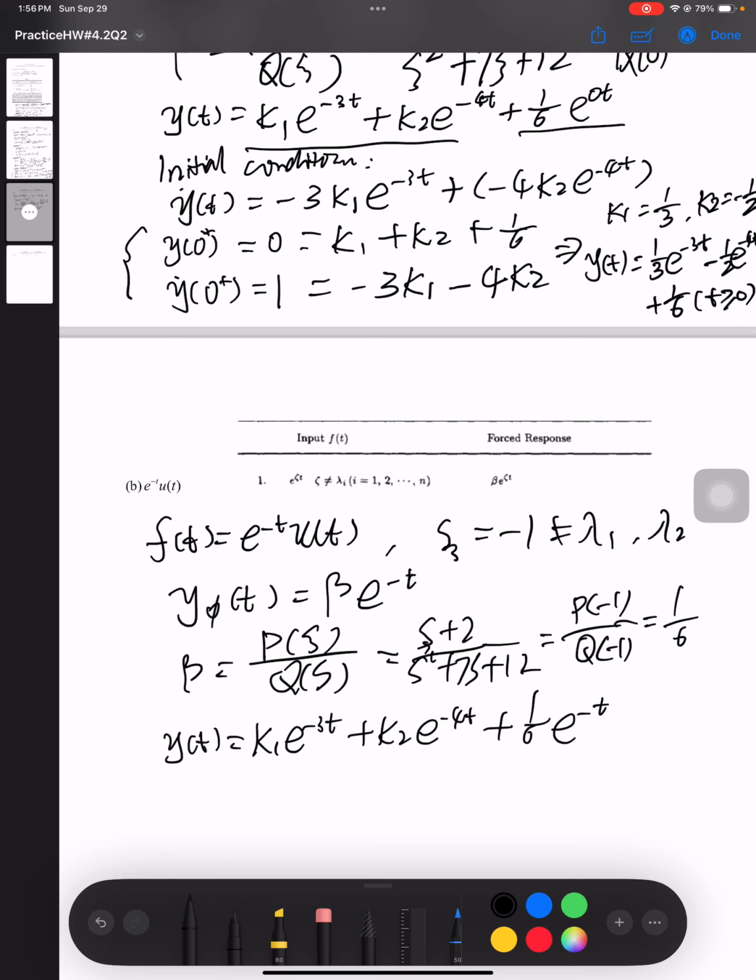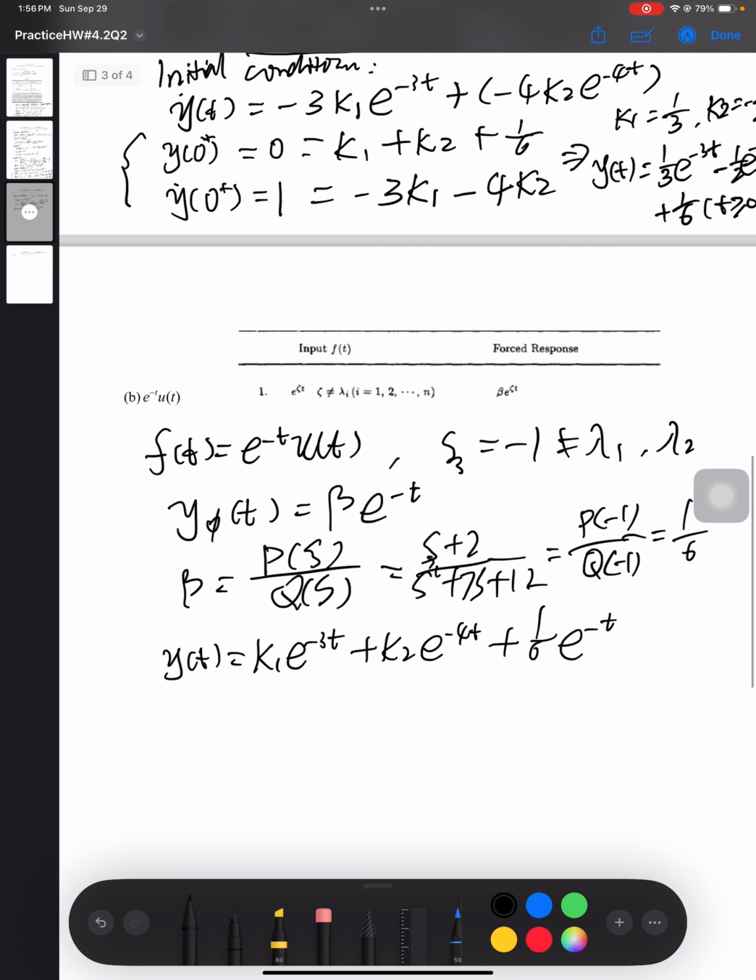And then we also use the initial conditions. First, the derivative of y(t) is minus 3 k1 e^(-3t) minus 4 k2 e^(-4t), and this time we also have minus 1 over 6 e^(-t).